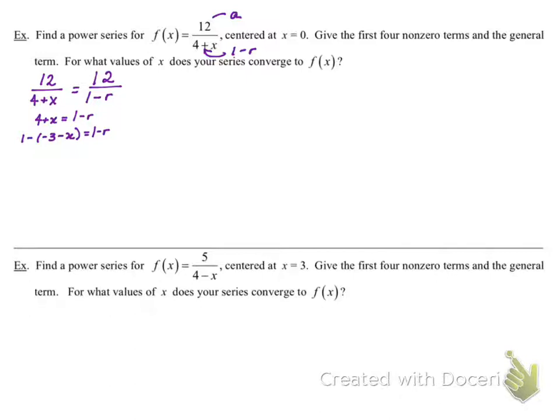So we go in, and again, I'm going to jump to the series without doing the terms, and then I'll backtrack and do them for you. So we're looking from n equals 0 to infinity, and our a is 12, and our r is negative 3 minus x to the n.